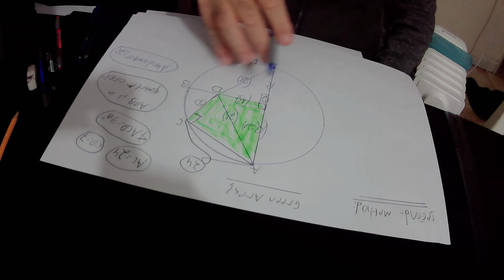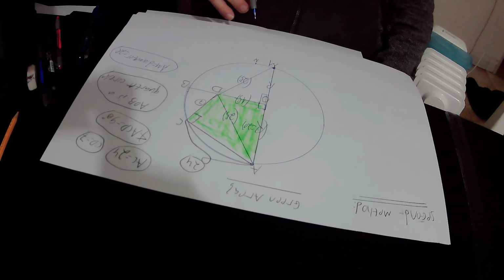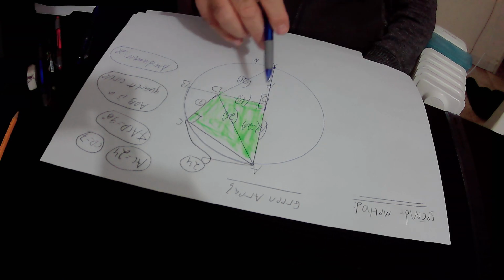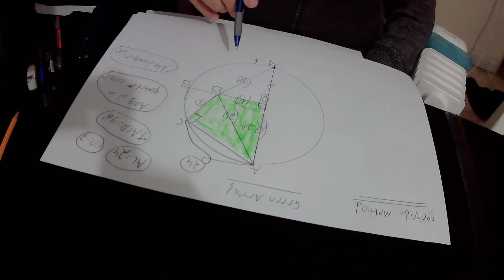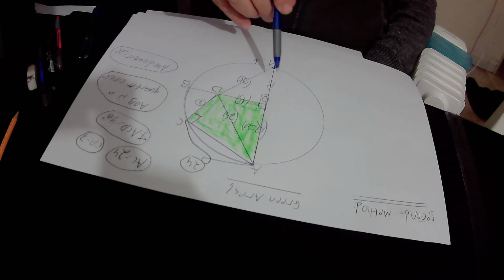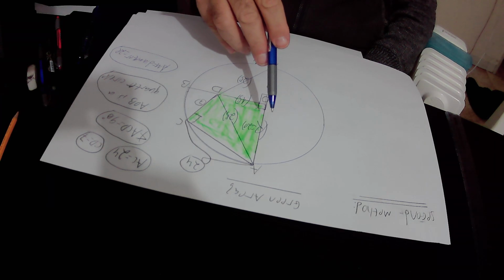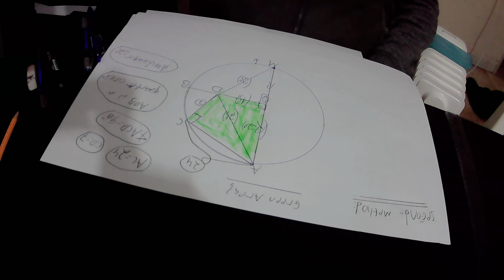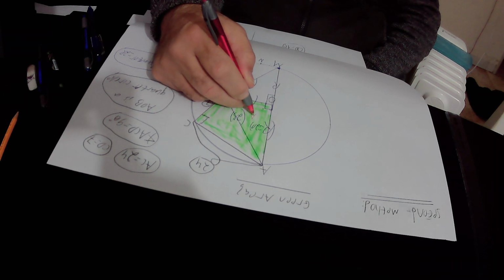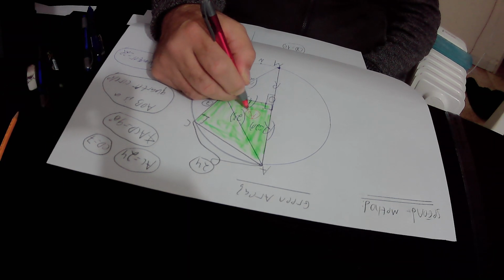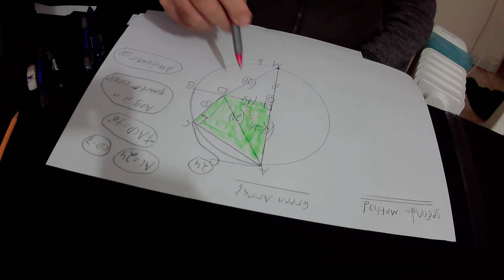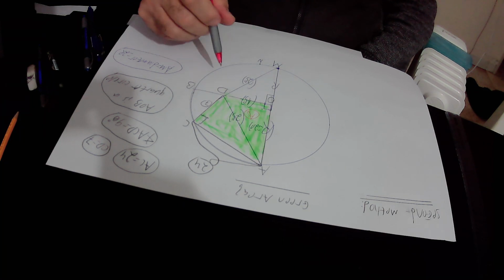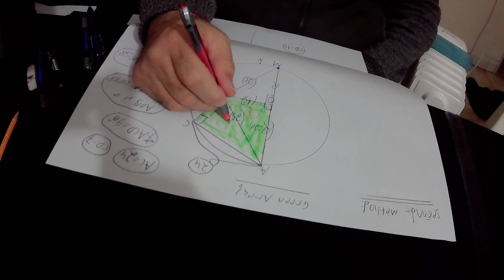What is the area of the green shape? We divide the area of this green shape into two parts. The first part will be the area of the right green triangle AOD that we will define as A1. And the second part will be the area of the green right triangle ACD that we will define as A2.